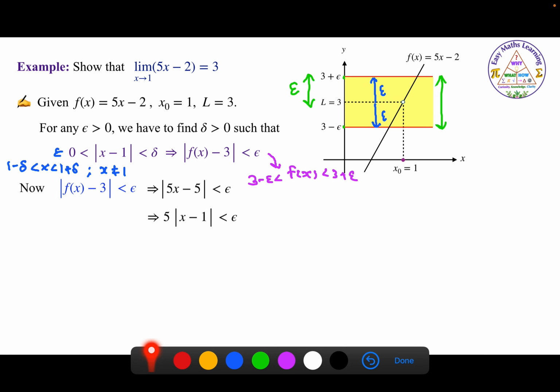This implies 5 mod x minus 1 less than epsilon. Divide both sides by 5, we get modulus x minus 1 less than epsilon by 5.